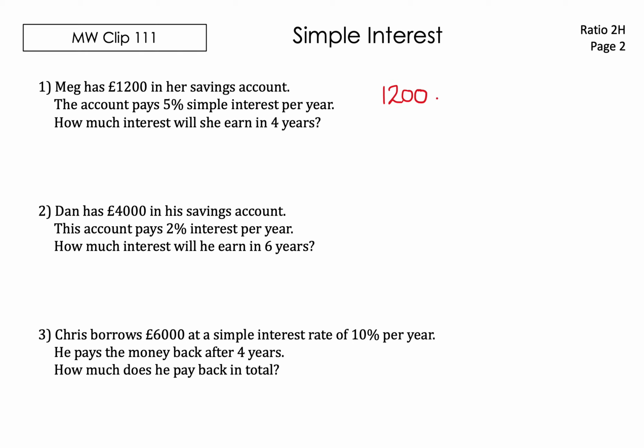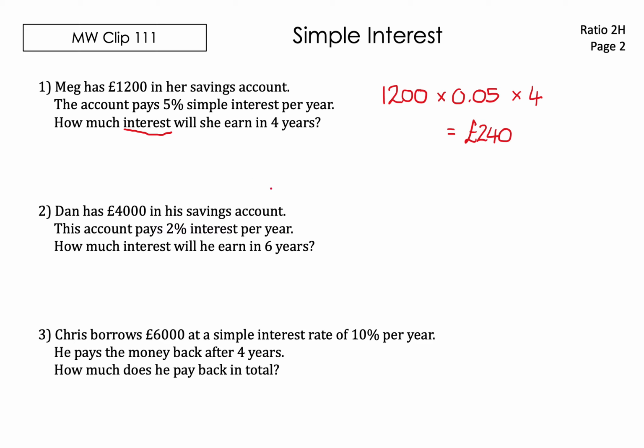We're going to find 5% of it by timesing by the 5% multiplier, which is 0.05. And there's no point working out what that is and then timesing by 4. We might as well just times by 4 straight away. Okay, so bung that all in the calculator. And that's £240.